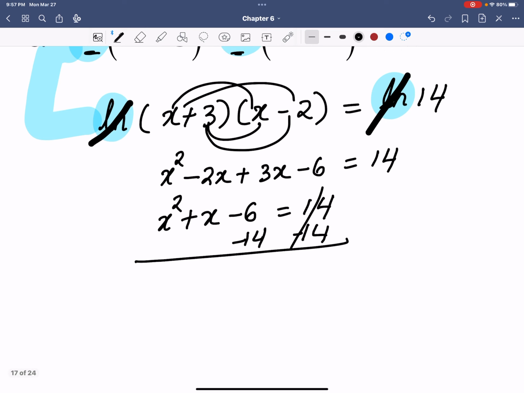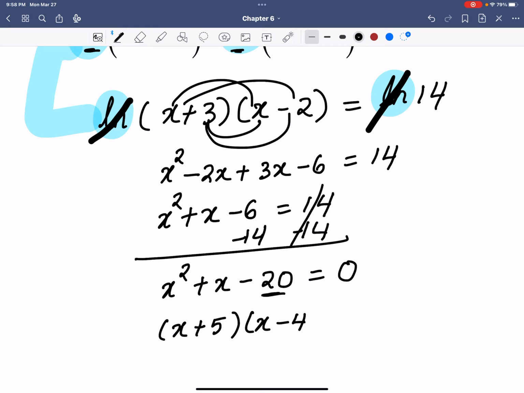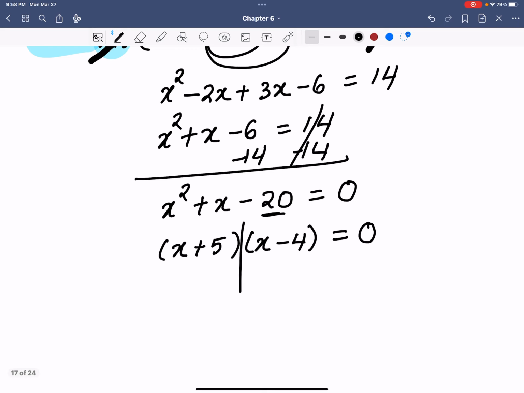What do I end up with? x squared plus x minus 20 is equal to 0. So here I have factors of negative 20, positive 5 and negative 4, is equal to 0. That means my x is equal to negative 5 and my x is equal to positive 4.